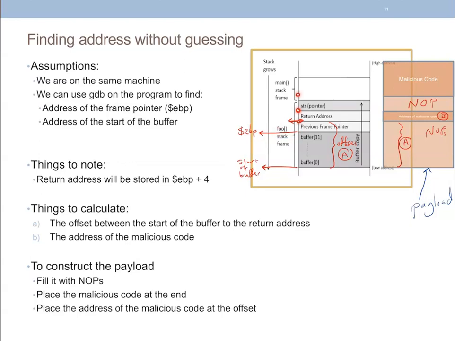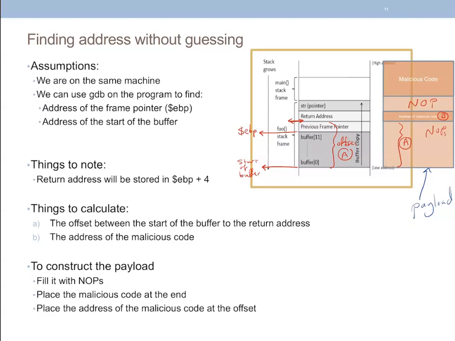And then this is where our guessing comes in. We're going to have to guess a few other numbers so that our address can hit anywhere in this no-op sled. And the idea of the no-ops is it will keep going, going, going until it hits an instruction that it can execute, and then it will continue and execute our code. Okay, there's a lot going on here, so you probably want to watch these last few minutes again.